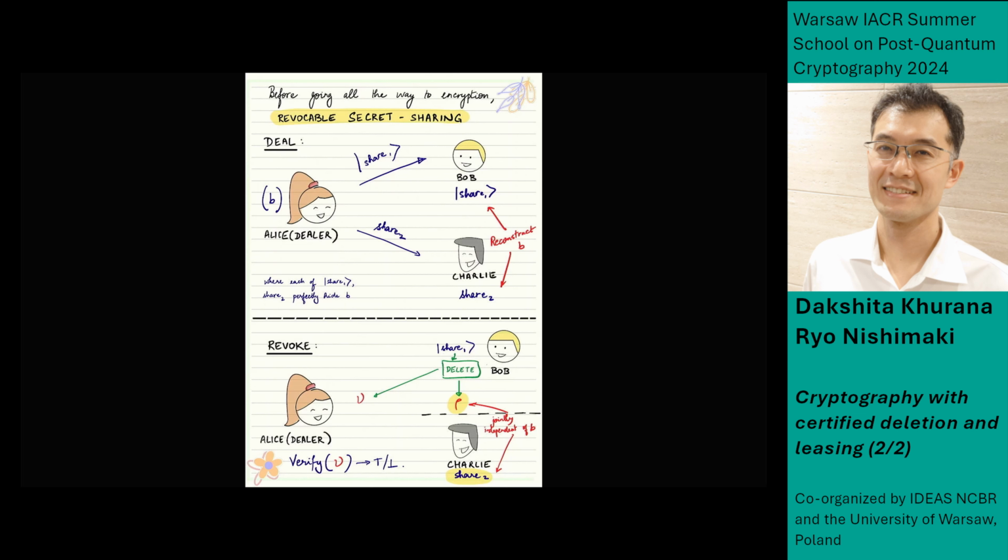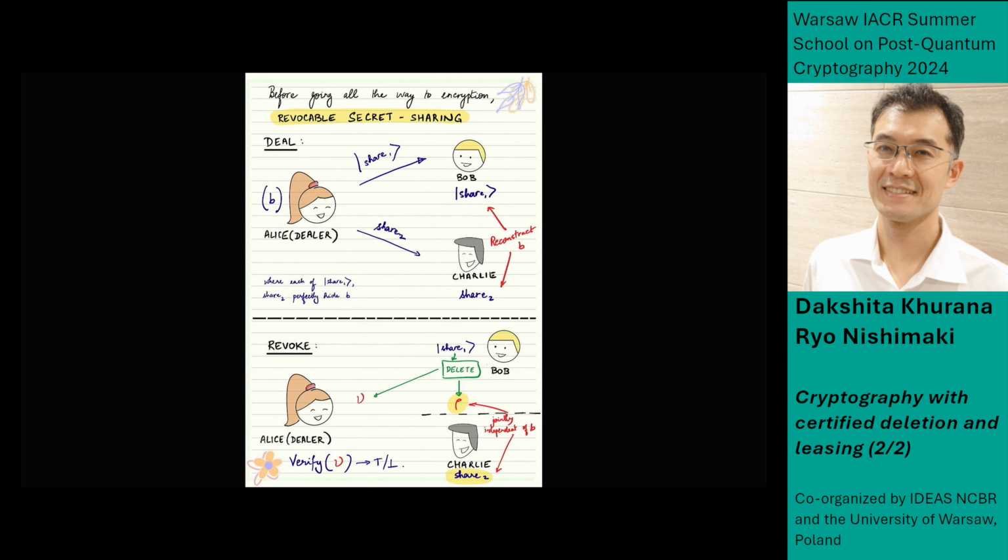If this certificate is valid, then even if Bob and Charlie collude, they cannot get information about B. This is revocable secret sharing.